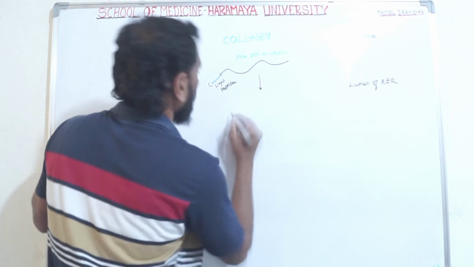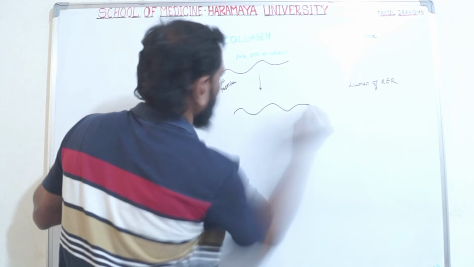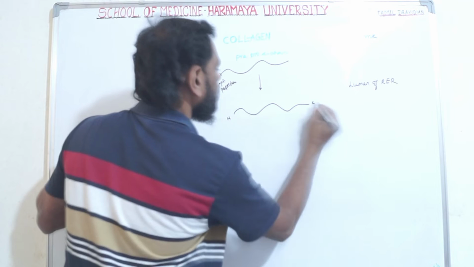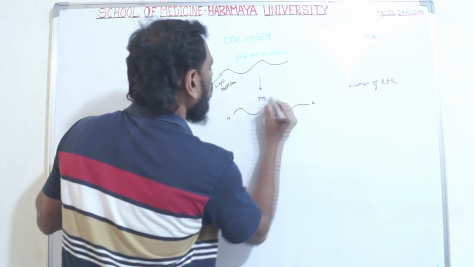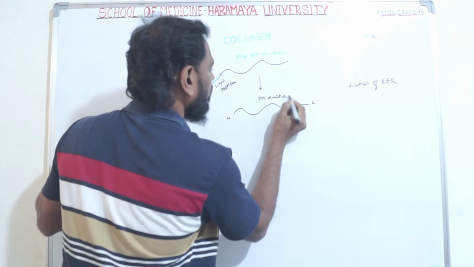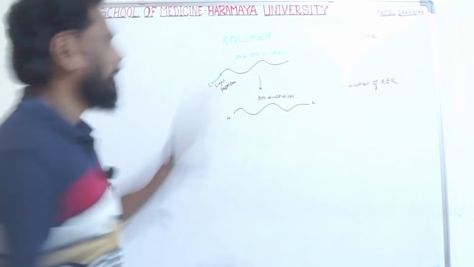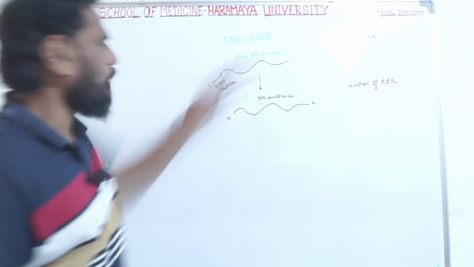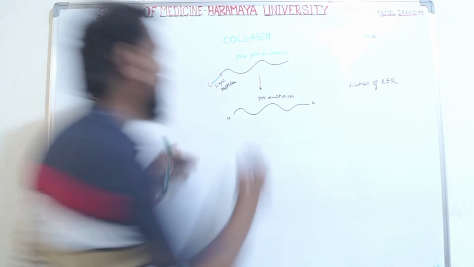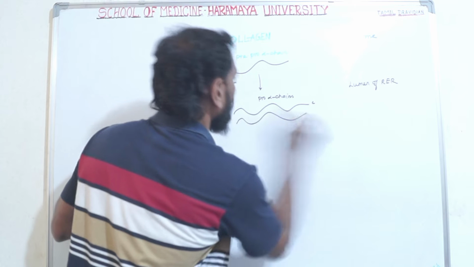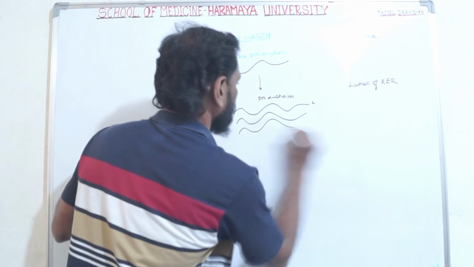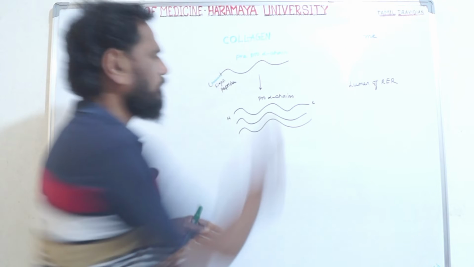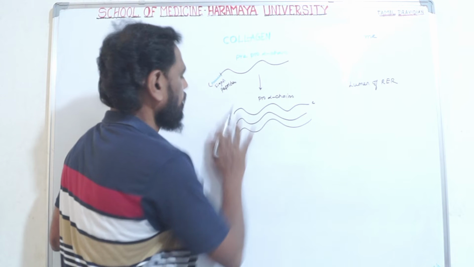Then you can get the N terminal and C terminal of the pro alpha chains, because 3 molecules of polypeptide chains are coming. That's why I mentioned pro alpha chains. Clear? The 3 pro alpha chains.